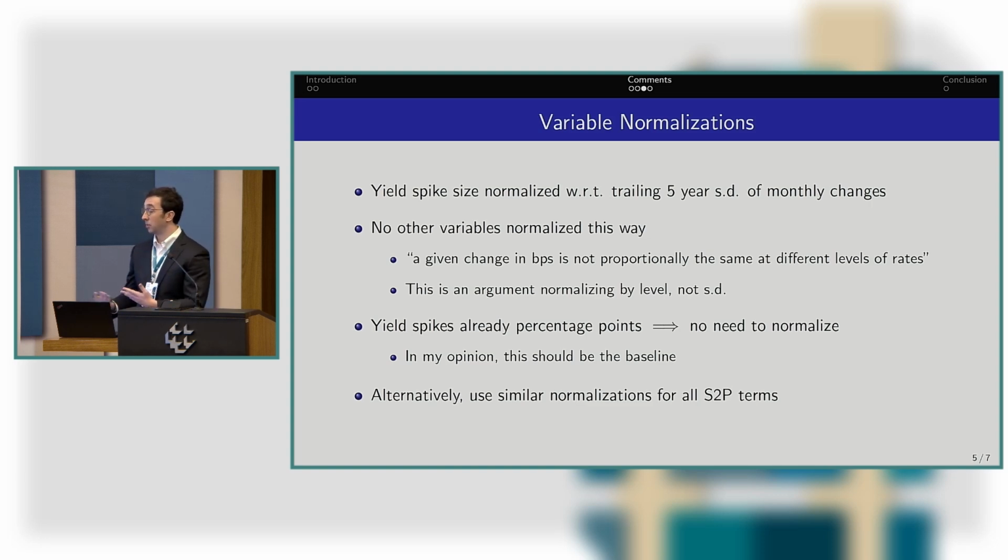In my opinion, that should be the baseline. And for what it's worth, they do have this as a robustness, and a number of the results remain true. I think it makes more sense to use this as the baseline, or alternatively, to use similar normalizations for all the other variables that are this trough to peak term.